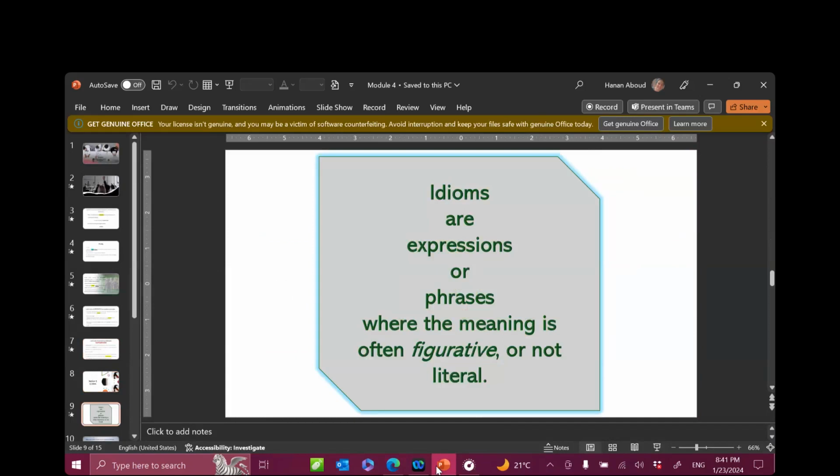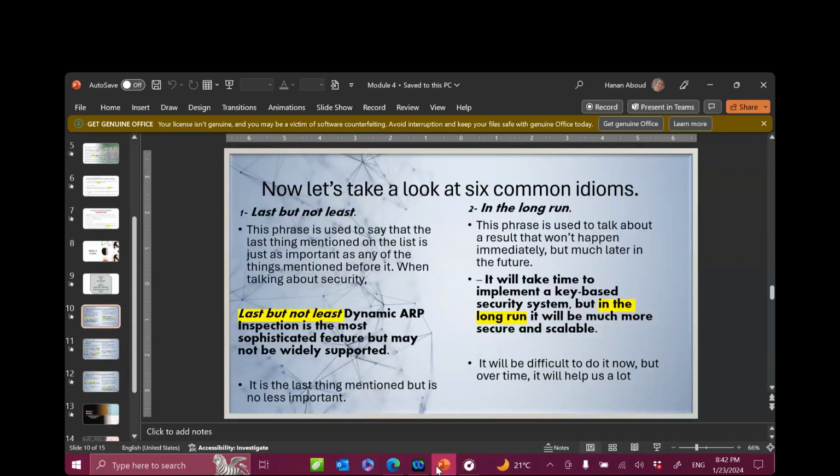Idioms are expressions or phrases where the meaning is often figurative, not literal. Literal means word for word, so the meaning here is not literal at all, it is figurative, meaning it has a metaphorical meaning. Let's have a look at that. Let's take a look at 6 common idioms.